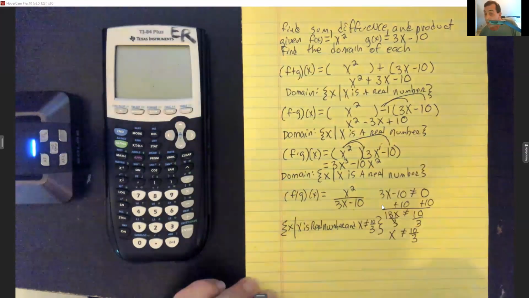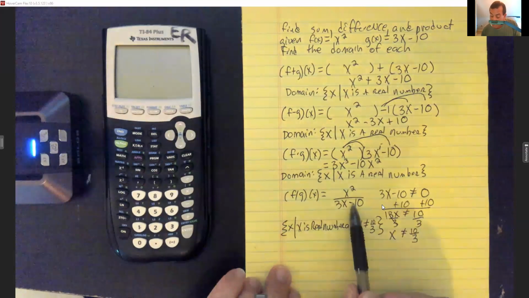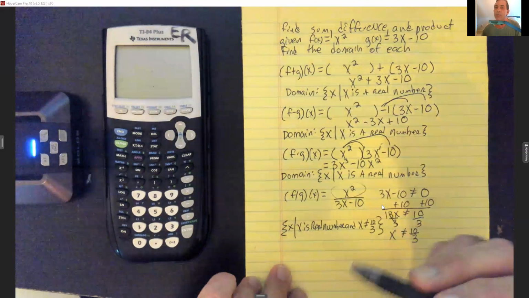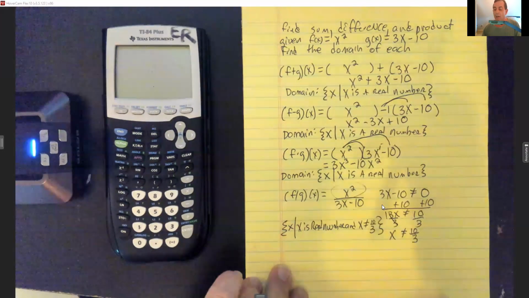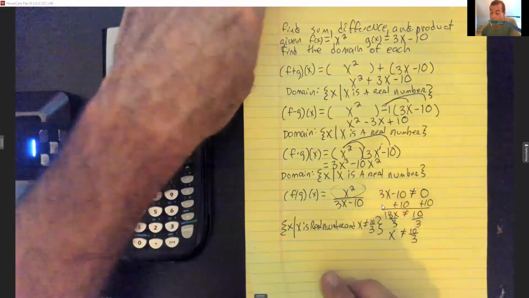So had I given you division on this, which they don't on this question, we would have had to set the bottom only. Notice, I don't care what's on top. You can have a 0 on the top. You just cannot have a 0 on the bottom. Okay? All right, so that concludes 2.4.